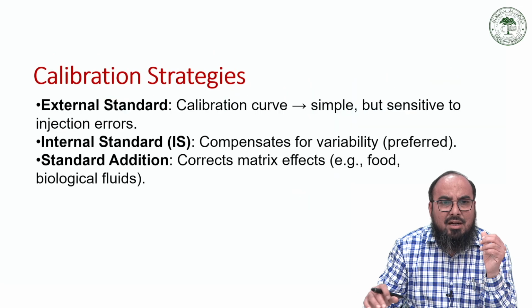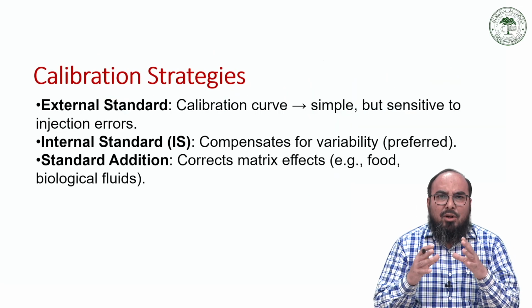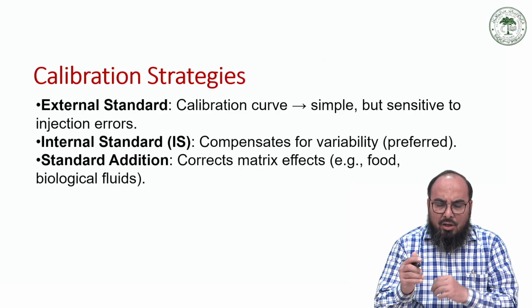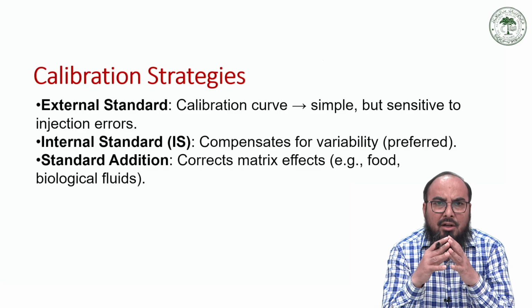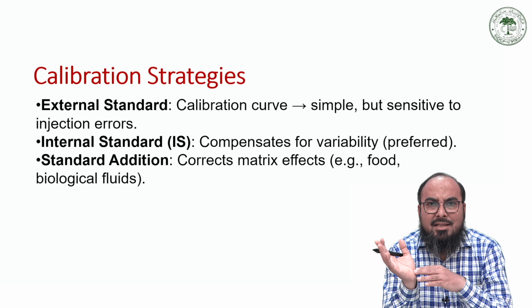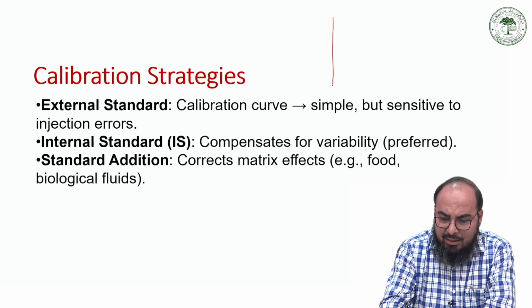Okay, so let's start the calibration. We have a number of strategies. The most important strategy is the calibration plot. A calibration plot is a plot where we plot the area of the analyte on the y-axis, and on the x-axis we plot the concentration of the analyte. So let us draw a calibration plot.